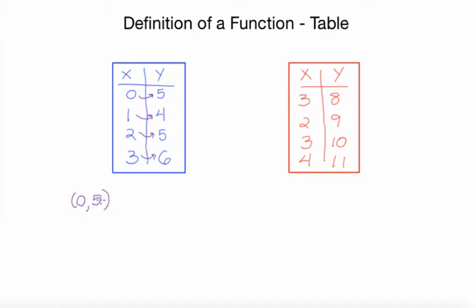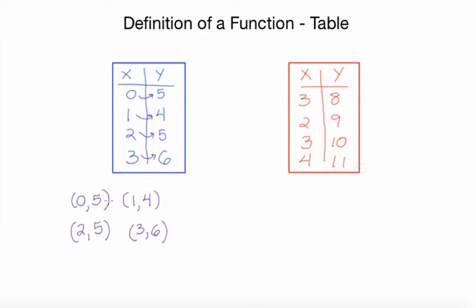We could graph this. We can work with this point. It shows me the relationship between x and y. If I input 1, it looks like according to the table, I get back 4. If I input 2, I get back 5 as well. And if I input 3, looks like I get back 6.